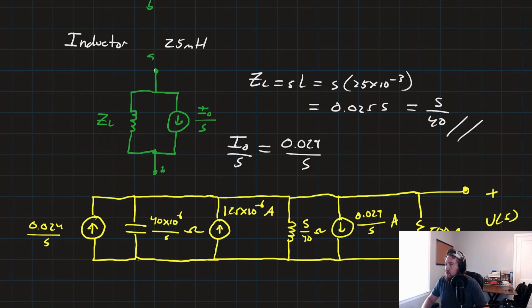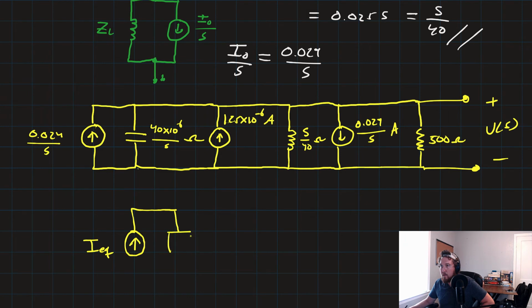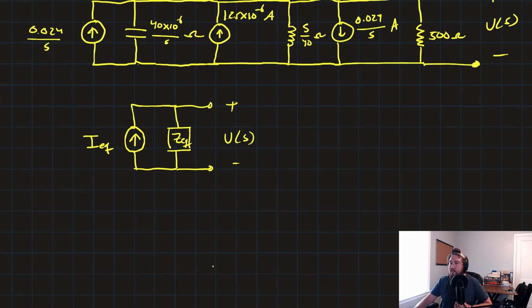All right, so what we want to do, since we have 3 current sources in parallel with 3 impedances in parallel, we can actually just simplify this circuit down to be just what we'll call IEQ in parallel with a ZEQ, and we're interested in the voltage drop across that.